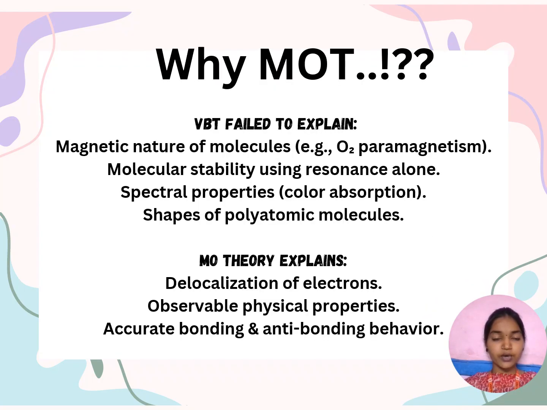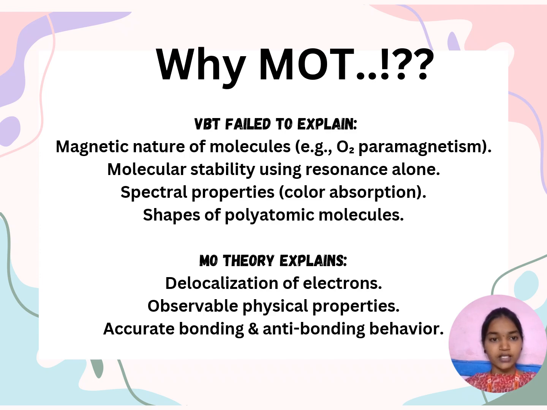Let us know why molecular orbital theory is used. Valence bond theory could not explain certain experimental observations. For example, oxygen is paramagnetic, but valence bond theory predicted it to be diamagnetic. Also, some molecules like the helium molecule do not exist, and VBT could not justify this.